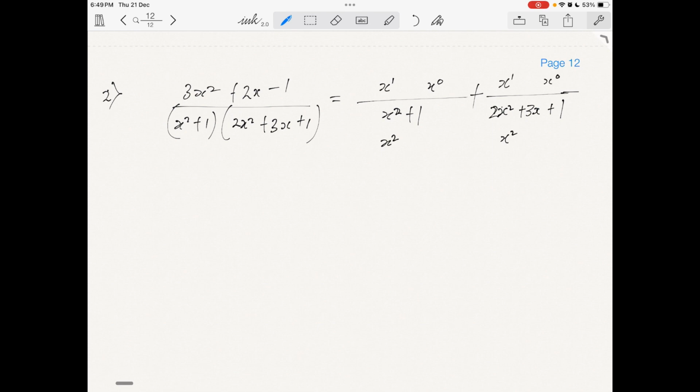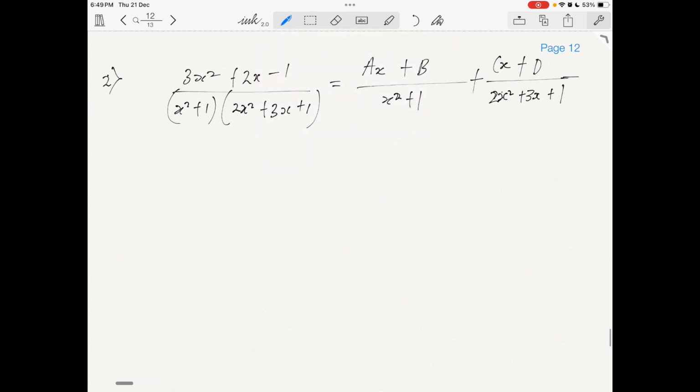So we'll have a, b, c, and d, with addition sign at the center. So I can rewrite my x raised to power 1 as x and remove my x raised to power 0, because anything raised to power 0 is 1.